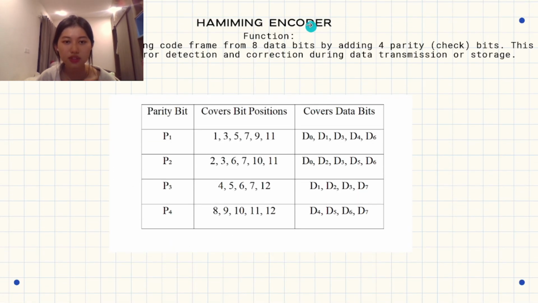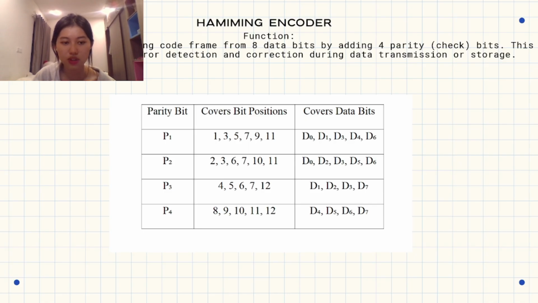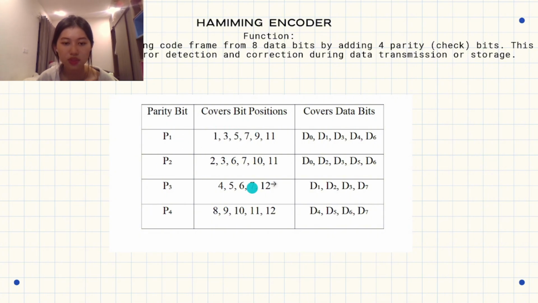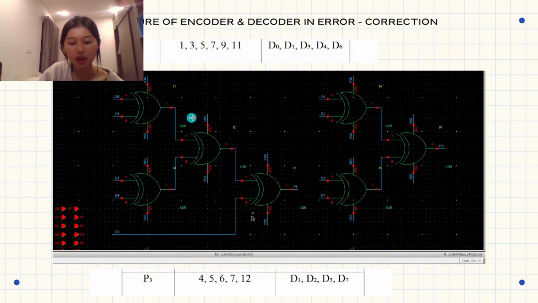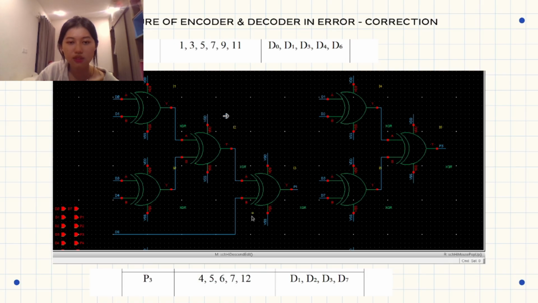So I'm going to start with the Hamming encoder. Like I said, we're going to generate a 12-bit Hamming code from 8 bits of data by adding 4 parity check bits. This enables single bit error detection and correction in data transmission or storage, based on the formula and the rule that I already explained, and this table. So P1 is computed from D0, D1, D3, D4, and D6.